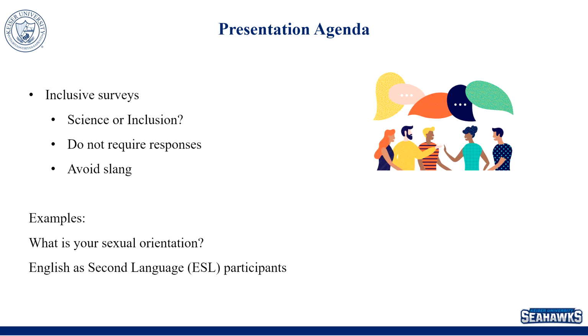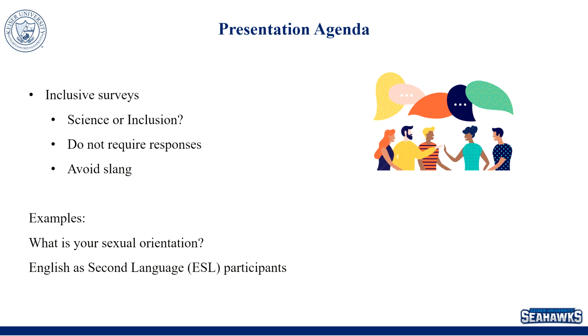So if you believe that it's more inclusive to ask about gender, but it's like a medical study or something where you need to know the biological sex of the individual, then if you asked about gender in that example, you would be sacrificing a very important item that's important to the study, and that's the science. So that needs to be considered.